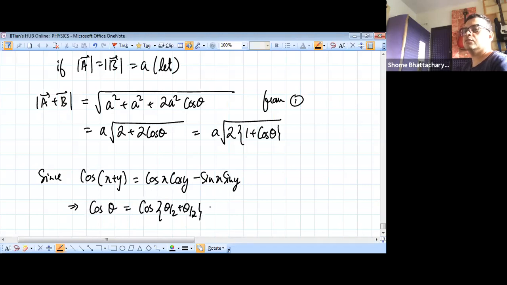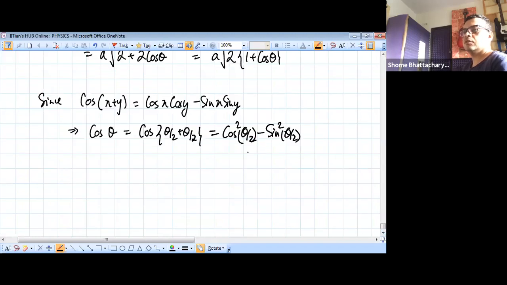Now apply this over here. Okay, so it will become cos square theta by 2 minus sin square theta by 2. Now you can replace sin square theta by 2 as 1 minus cos square theta by 2. So this becomes 2 cos square theta by 2 minus 1. Okay. So cos theta can also be written as this.